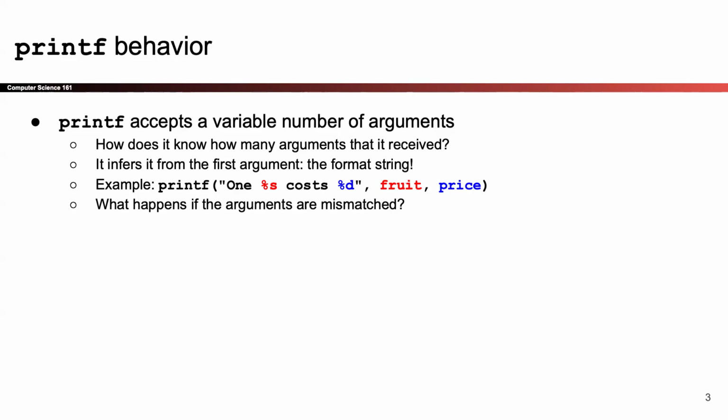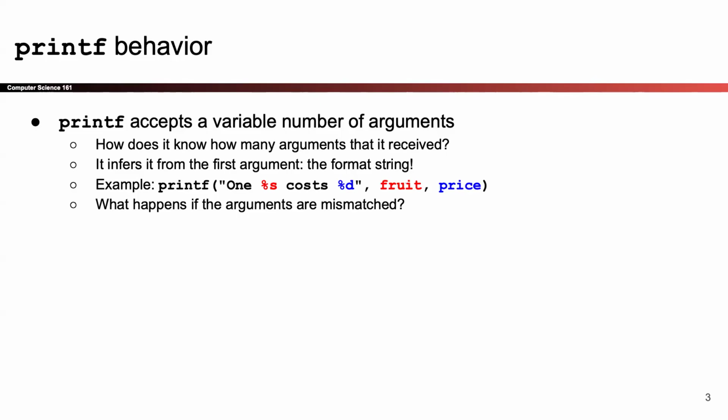The first % will be filled in with the first argument after the format specifier, the second % will be filled with the second argument, and so on. So it's a fairly flexible way to produce output.